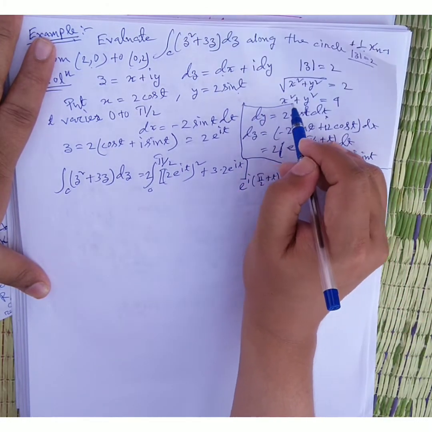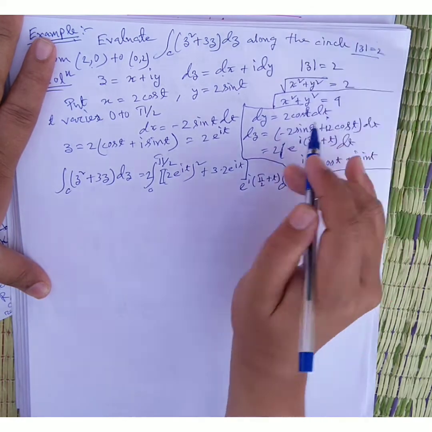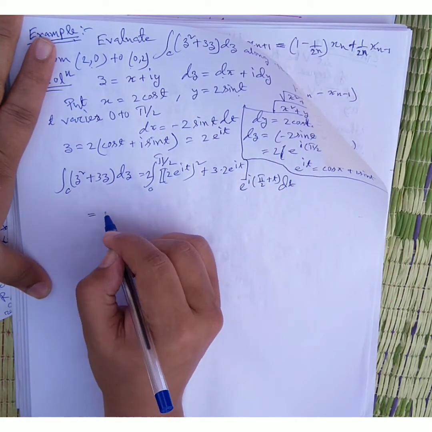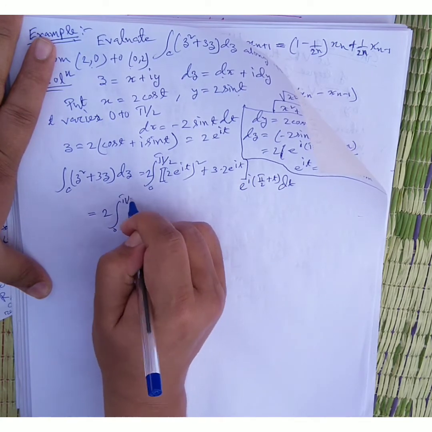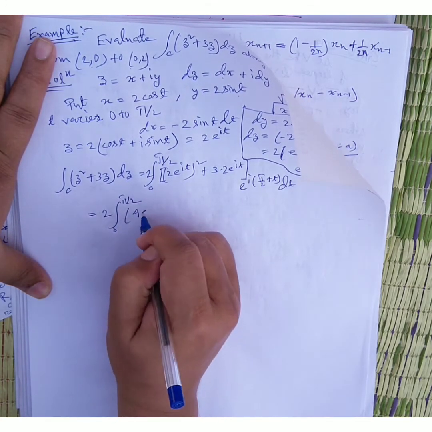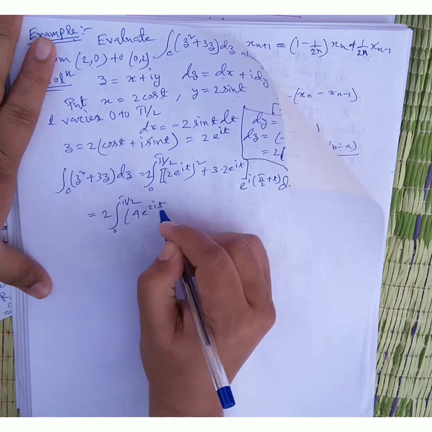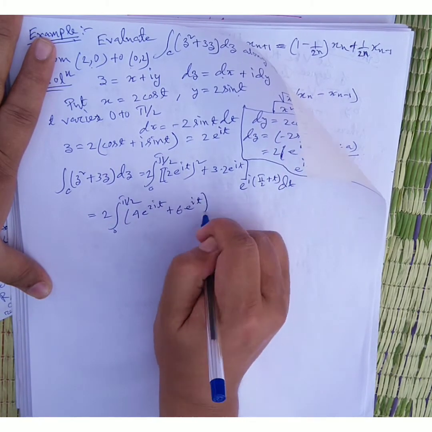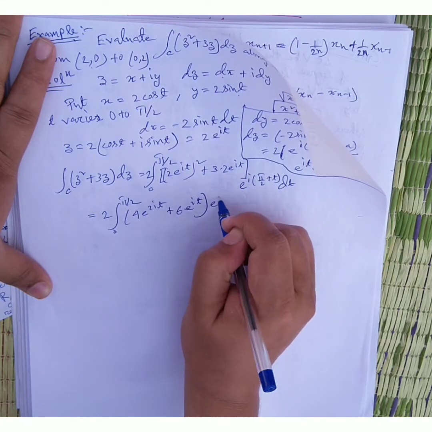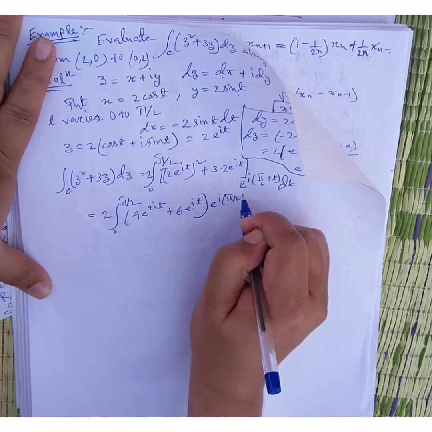So this is 2 into the integral from 0 to pi by 2 of 4 into e to the power 2it plus 6 into e to the power it into e to the power i into pi by 2 plus t into dt.